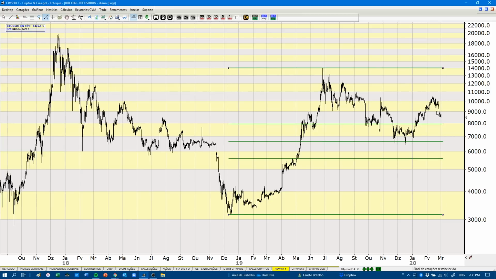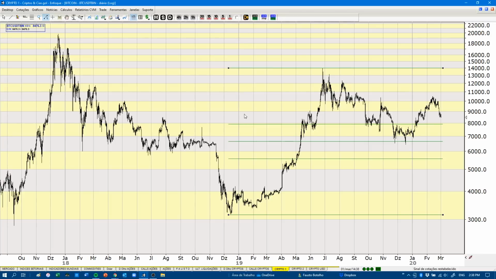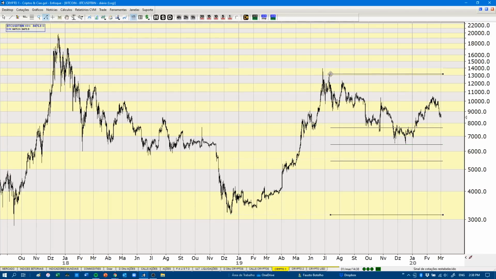Well, we're starting wave 3, and then we have to consider whether this would be wave 1, wave 2, and now we're having wave 3. So far we've had wave 1 of wave 3, and we're in wave 2 of wave 3, in my opinion, in my analysis of the Elliott wave.